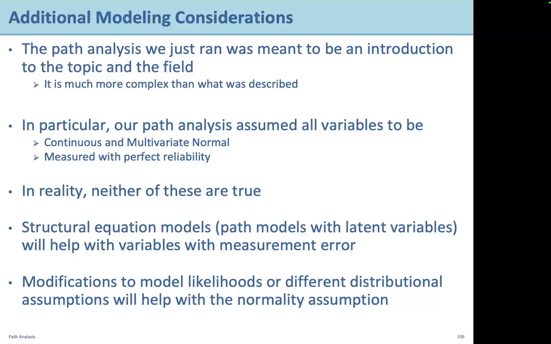Anything that could be a construct or a survey, like math self-concept, something we can't directly observe, is not likely to have perfect reliability. So that's also violated. And structural equation models, which are, again, path models with latent variables, will help with variables with measurement error.